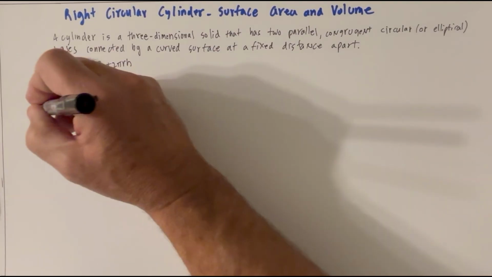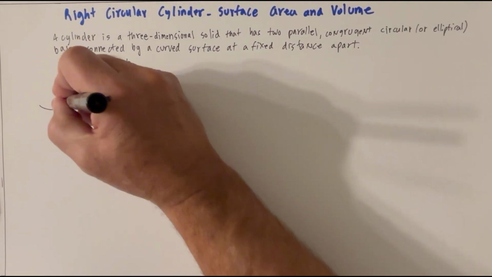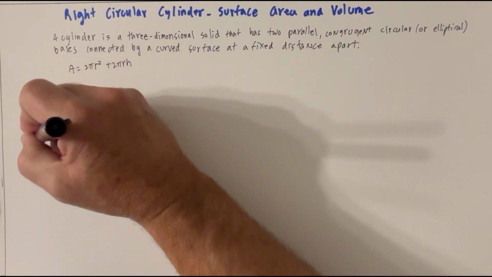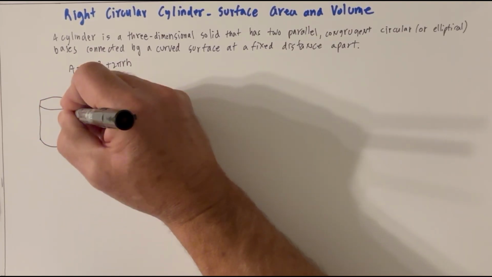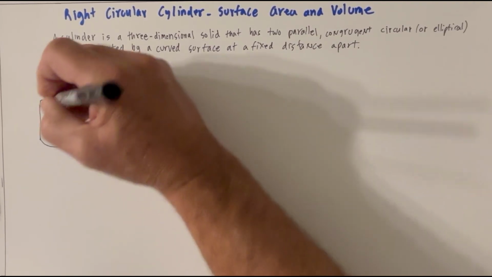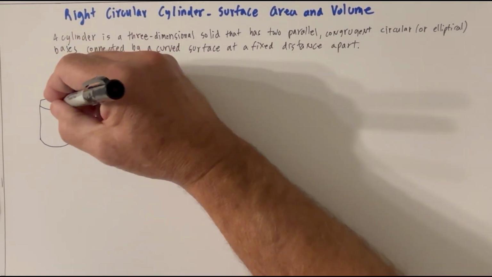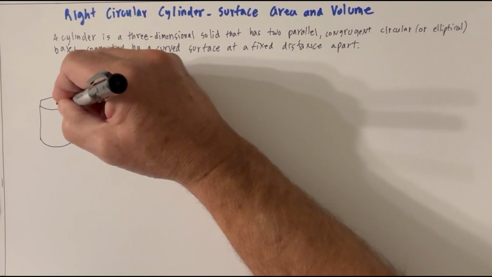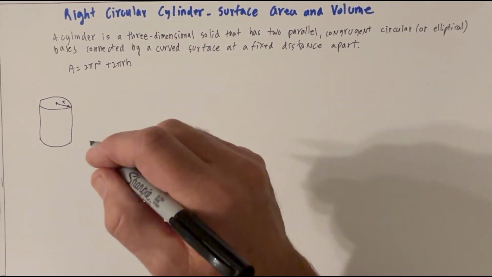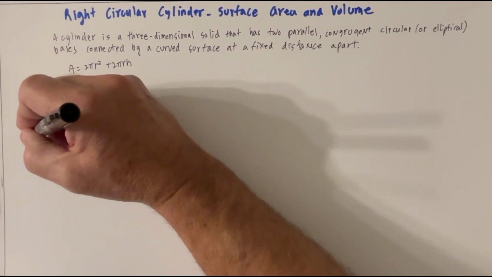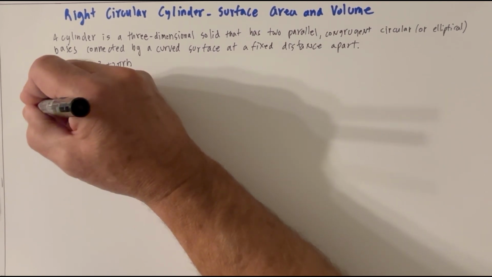If we want to draw a picture of this cylinder, so there's our cylinder, and it's circular, which we've already specified. That's the radius out from the center. So that's the dimension R, and our height is dimension H.